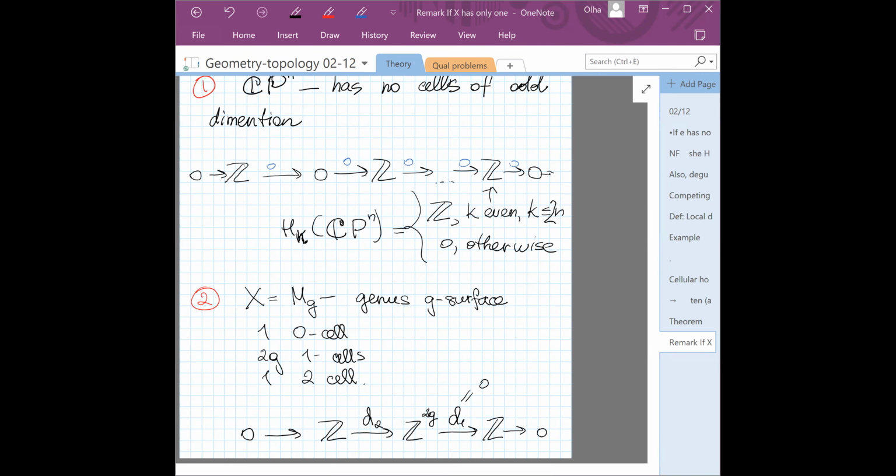Okay, and to compute D2, we need to actually look at the structure of Mg. Let me do this fast.